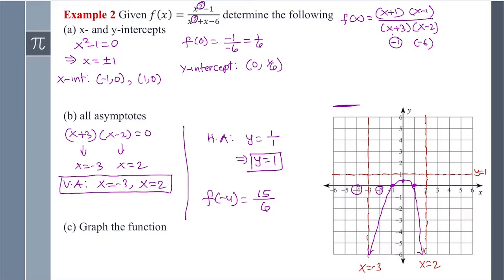So 15 over 6 is a number greater than 1. So the graph is above that horizontal asymptote, so the graph should look something like this.